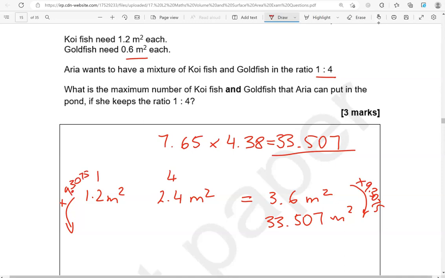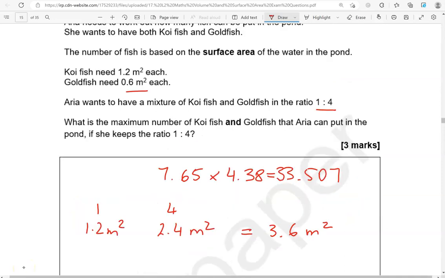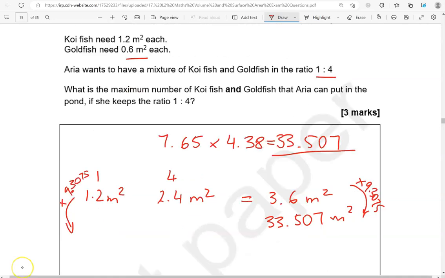Over here as well, square meters. So for one goldfish, and obviously you can't have part of a fish, so this will be times 9. So 9 times greater. So 1 times 9 gives us 9 koi fish, and 4 times 9, that is 36 goldfish.